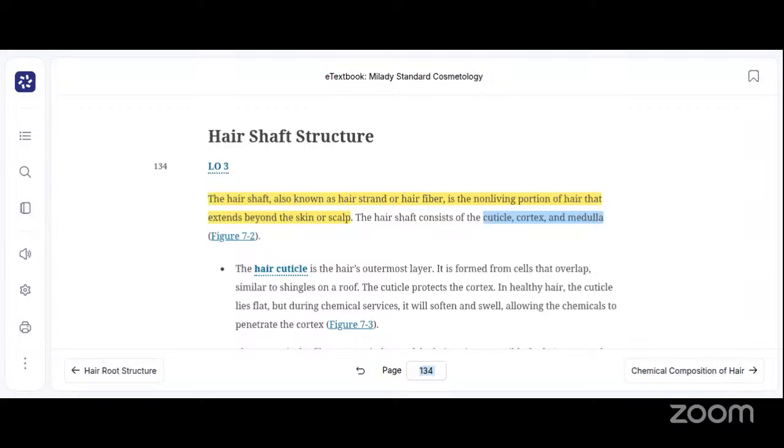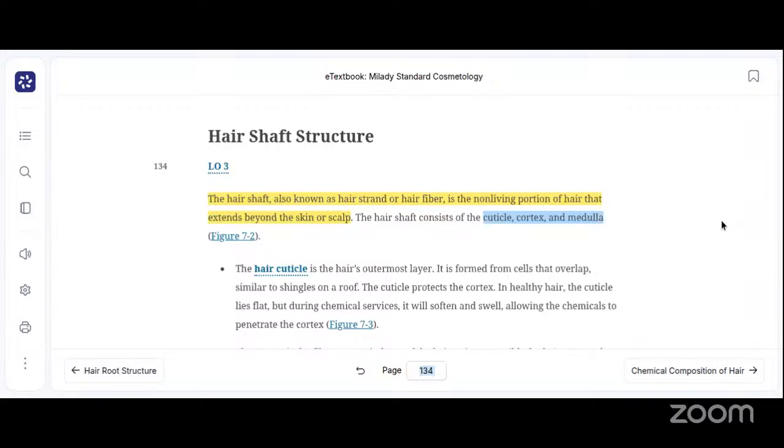Okay, so it's a lot of details to go along with the hair shaft. But first, remember there are three parts of the hair shaft: the cuticle, the cortex, and the medulla. The cuticle is what we see, the outermost layer of the hair. The cortex is the second layer, and that's where all the chemicals and the pigment lie. And the medulla is the innermost layer of the hair and sometimes absent in fine to very fine hair.